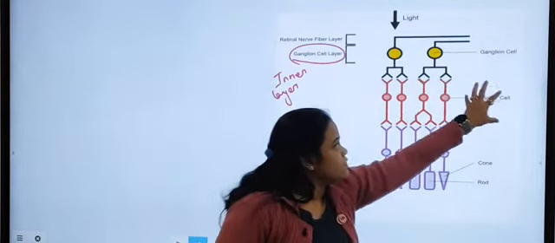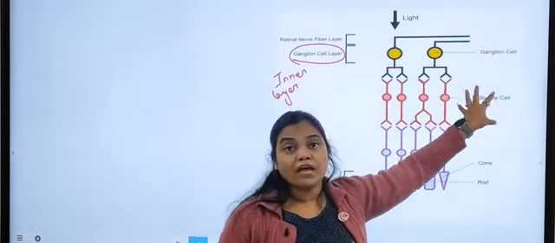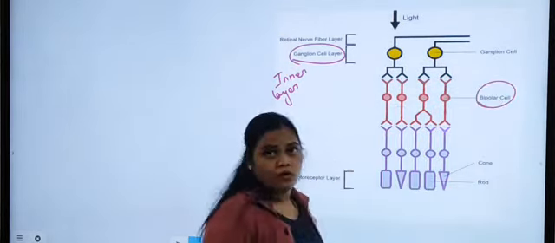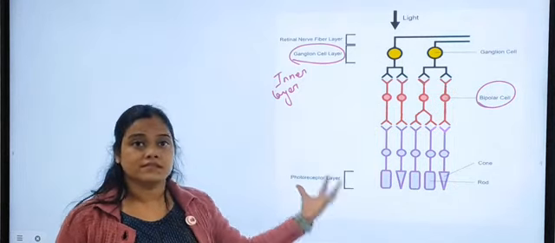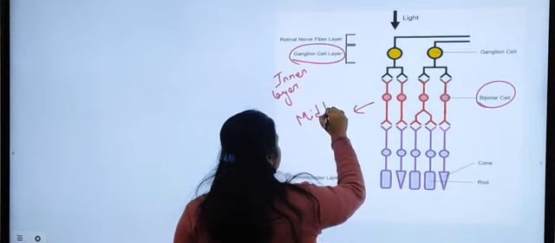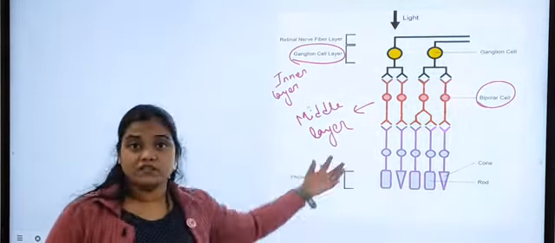Now this one is known as the middle layer, which is made up of the bipolar neurons or the bipolar cells. So this is the middle layer or bipolar layer.